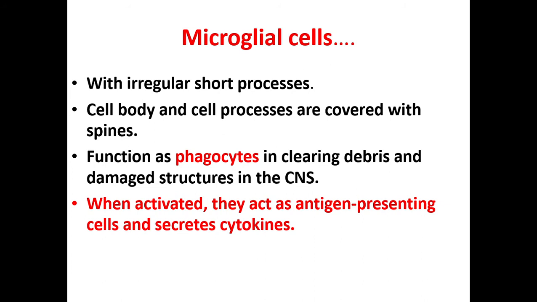Since they are found throughout the central nervous system, and they are part of the phagocytic system of the body, they function as phagocytes in clearing debris and damaged structure in the central nervous system. When activated, the microglial cells act as antigen-presenting cells, or APC, and secrete cytokines. So they are involved in the immune system of the body.